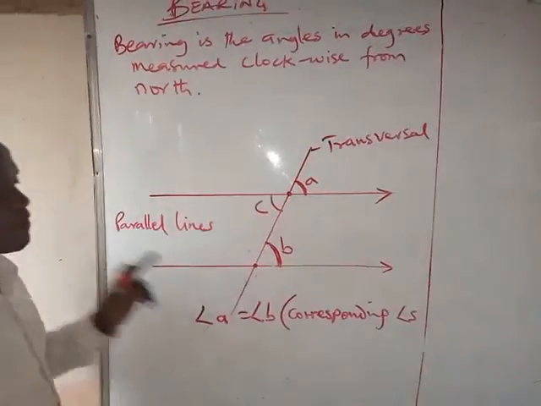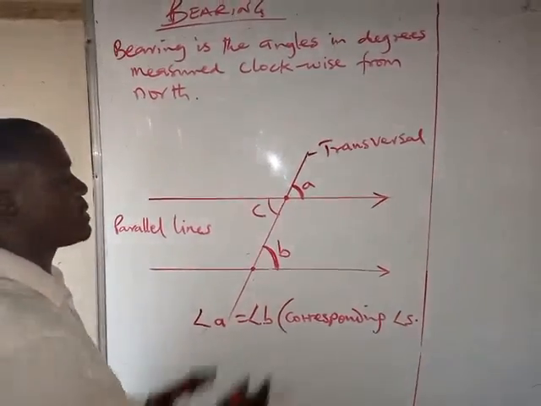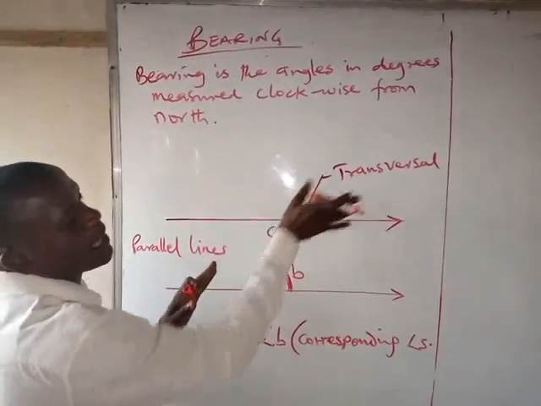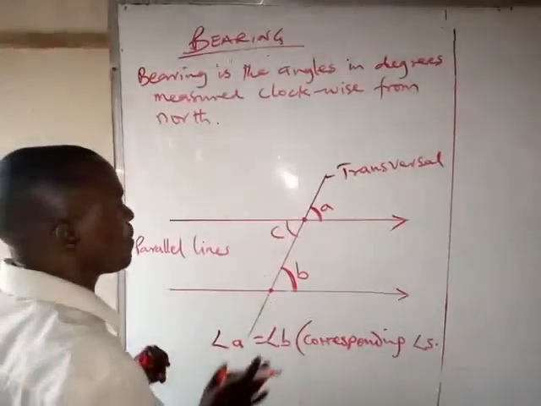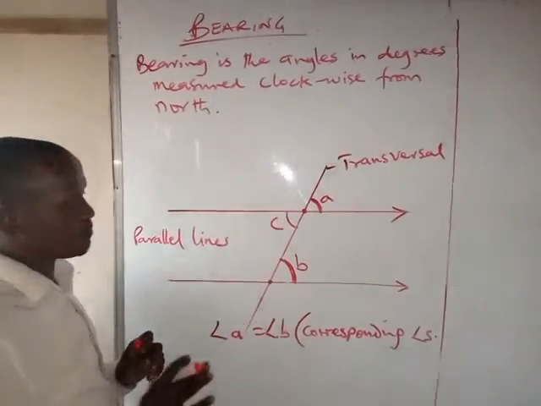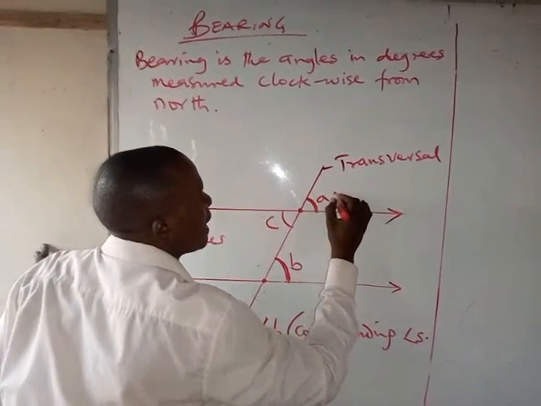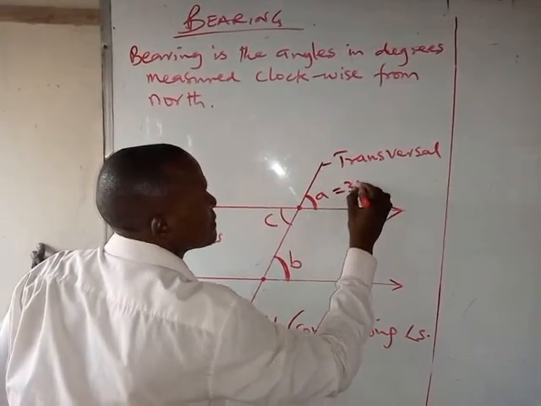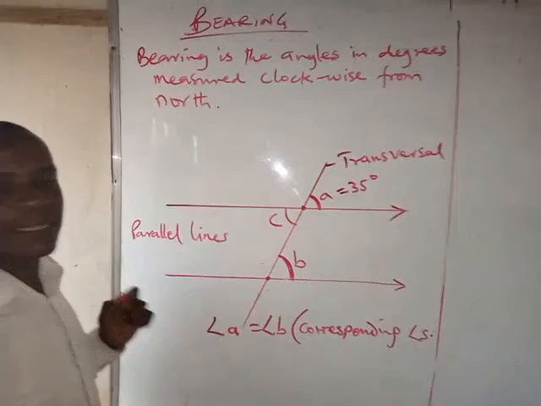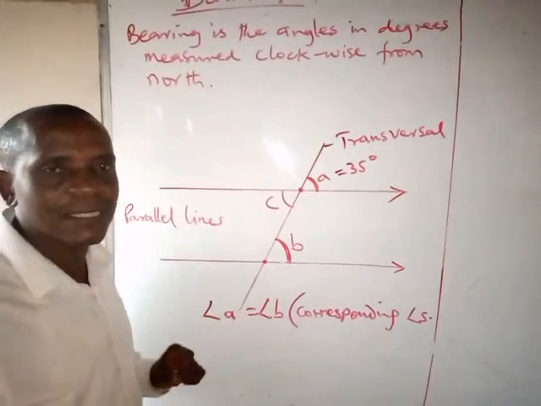They are said to be corresponding. See the two of them, they are angles of elevation. They are occupying the same direction. Good. Assuming my angle A is equal to 35 degrees, that implies that angle B also is 35 degrees.